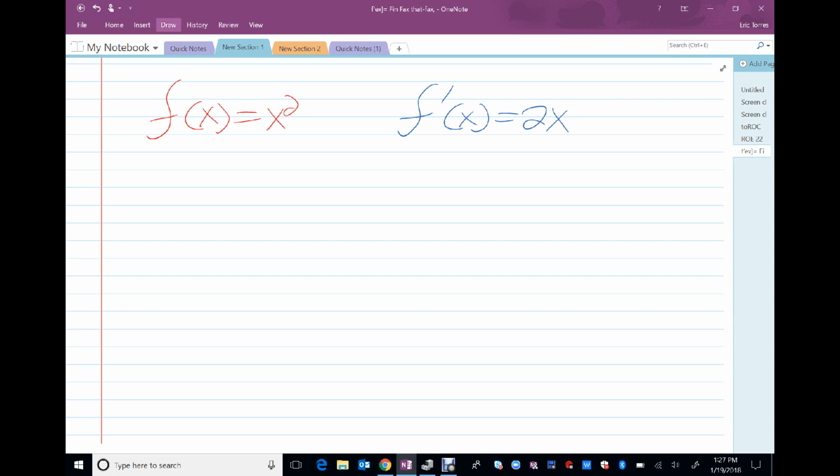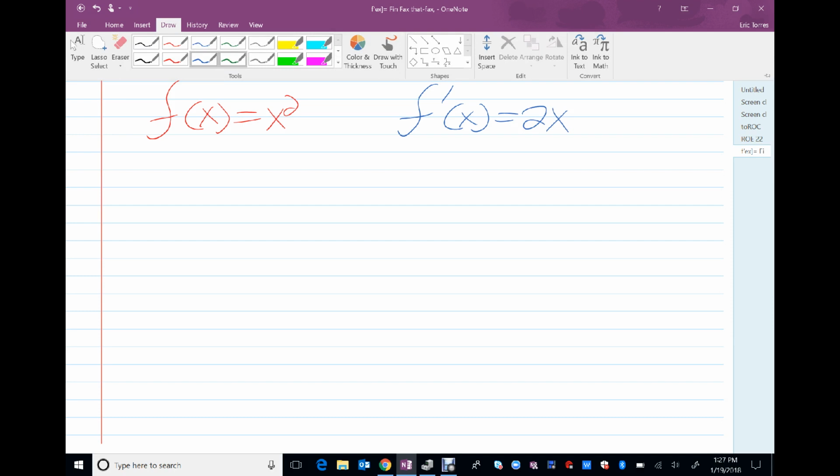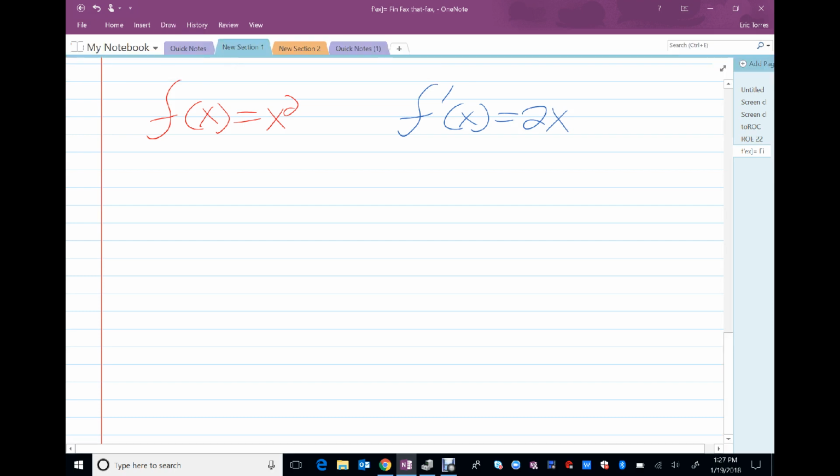So let's say I wanted to calculate a tangent line on the function that had a point at 3, and if I plug in 3 and square it, I get 9. So here's my point, and the slope of my tangent line will equal the derivative at 3. So now I have a slope and a point.